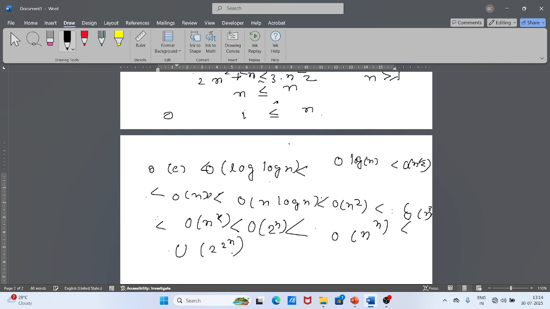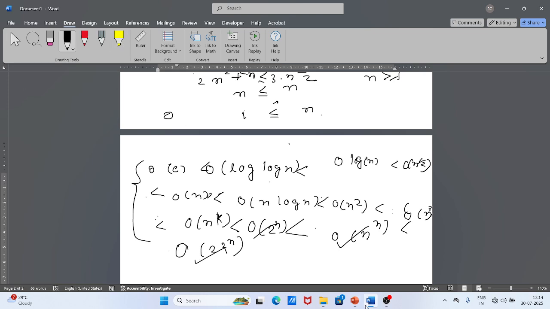So this is the comparison of various time complexities. These are the higher time complexities. After this, order of n to the power n, next order of 2 to the power n, next order of n to the power k. You just remember that sequence.